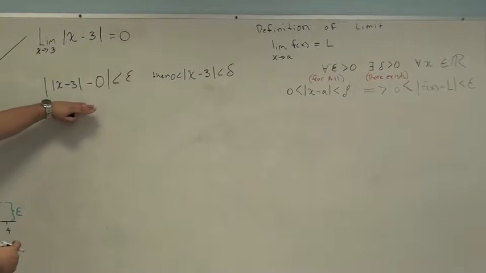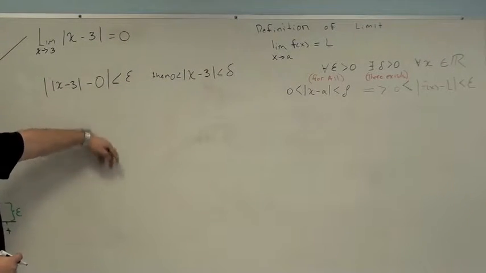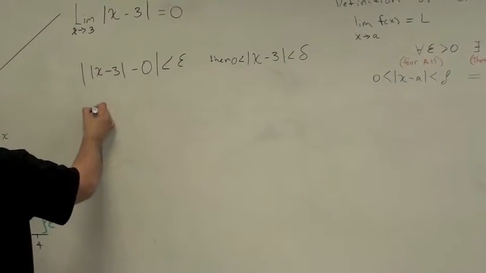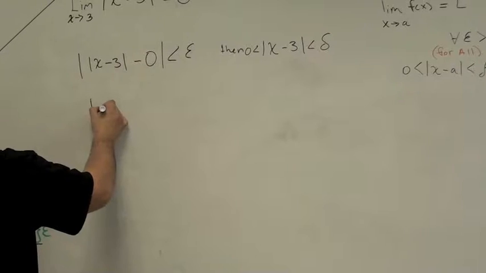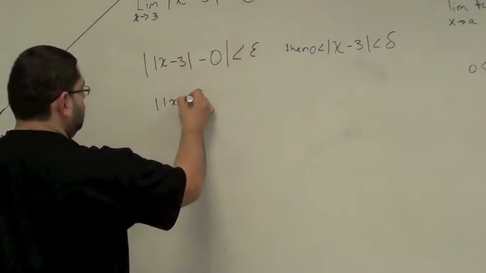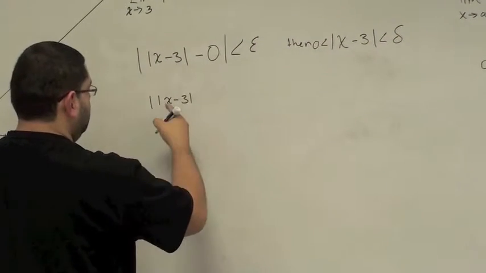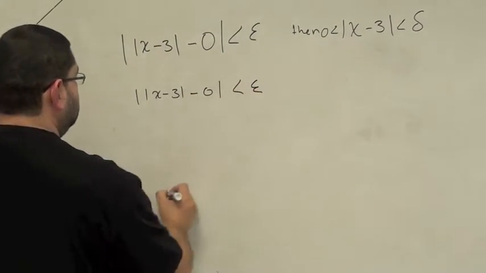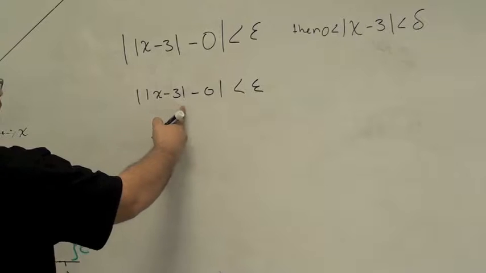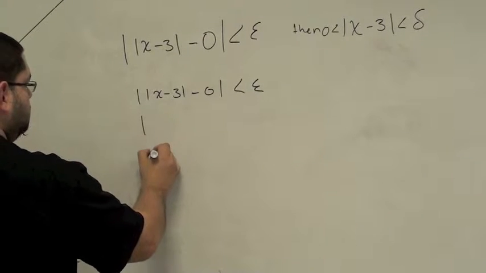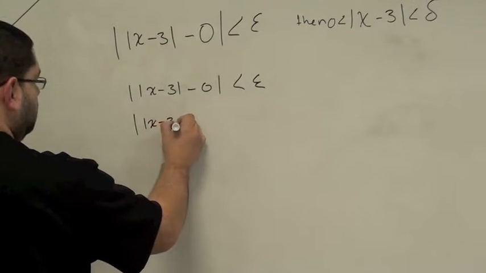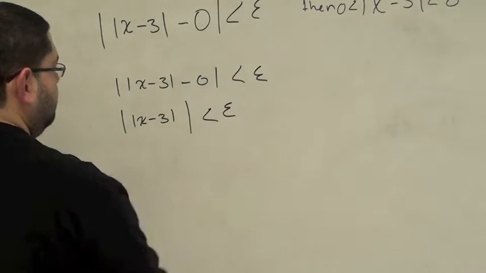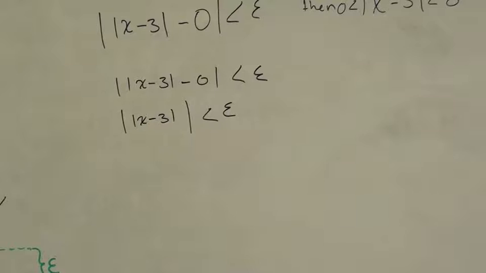Now, if we look at this side first, we can see that the absolute value of x minus 3 minus 0 is less than epsilon. This is the same thing as the absolute value of x minus 3 being less than epsilon.